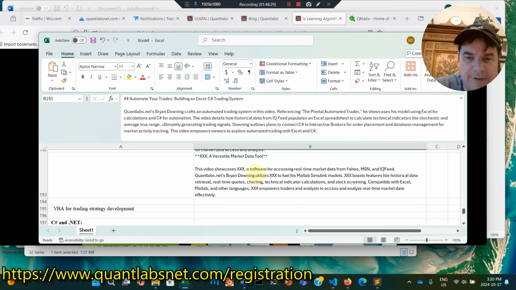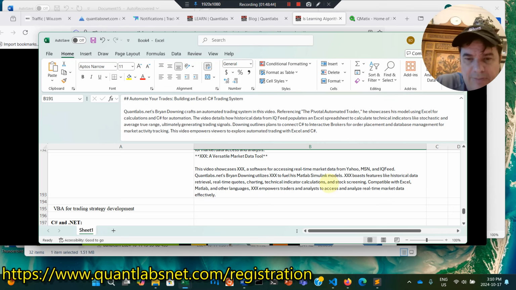Another one, this plugin, same plugin add-in, accessing real-time market data, and that plugin is still current. For market data, well, we know Yahoo and MSN don't work anymore, they don't exist.